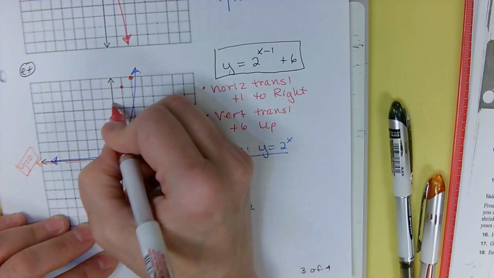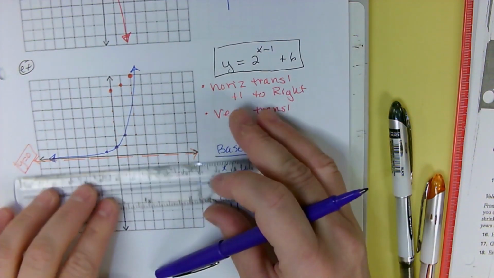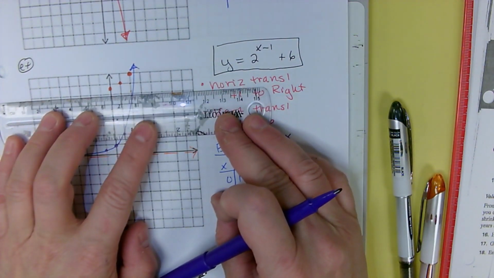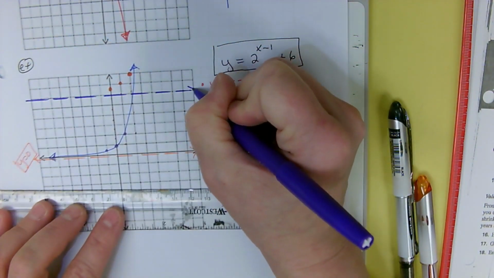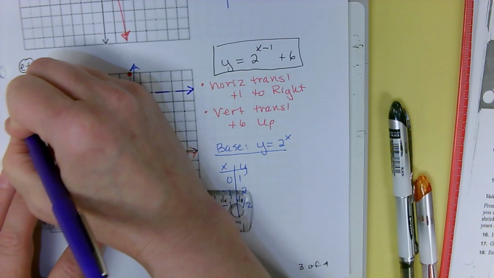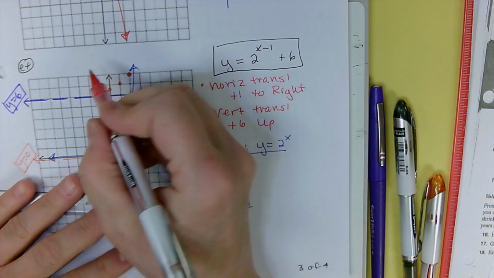And because we moved up 6, our asymptote moved up 6 with us. So our new asymptote is here, and it's y equals 6. And then we draw our curve.